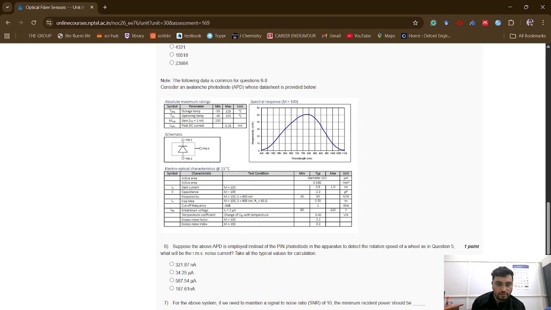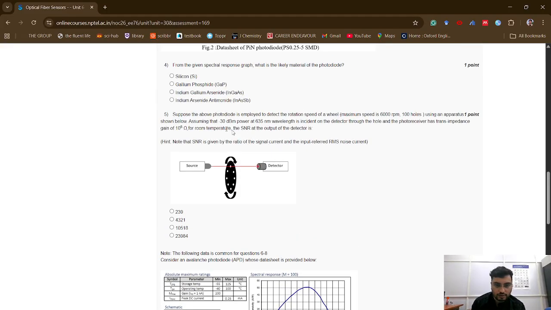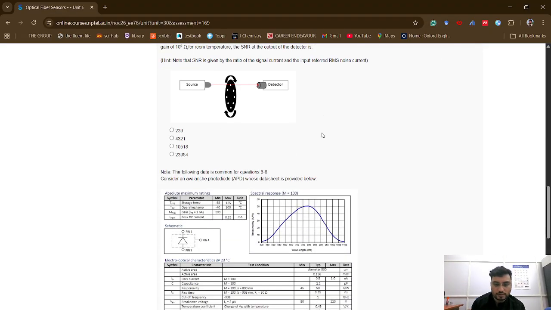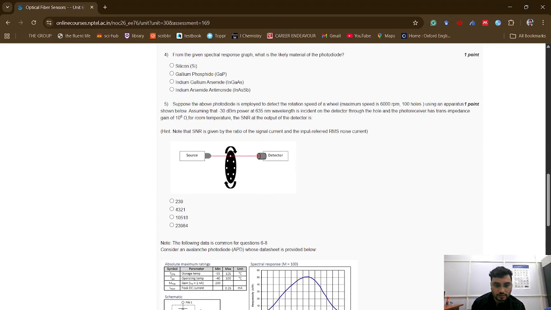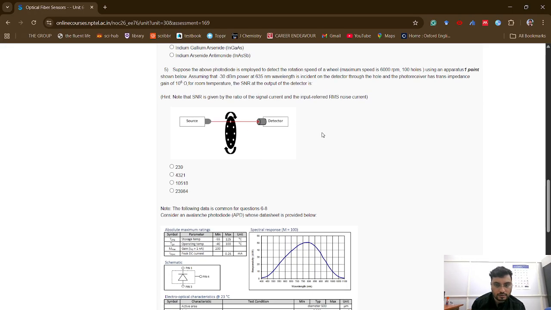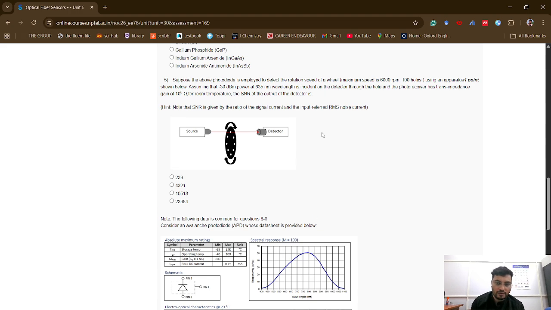You have photodiode, detector is there, everything is there. First, if you solve the first one, then you'll get the SNR.